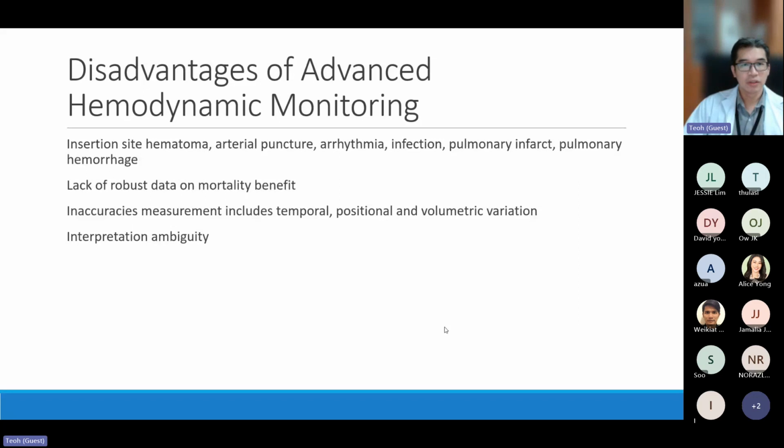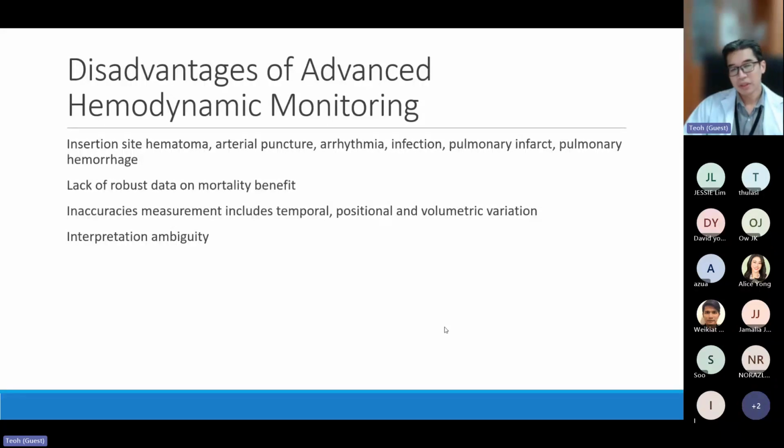even pulmonary hemorrhage. And I think most of you are concerned about whether this advanced hemodynamic monitoring can give you a better patient outcome. Actually, it is lacking robust data. It didn't really show that it can improve the mortality of the patients.